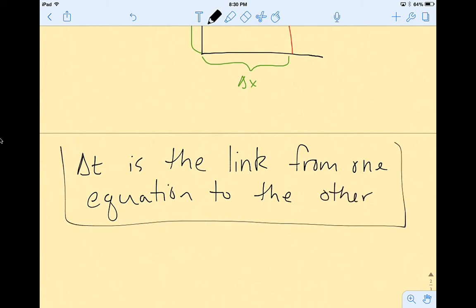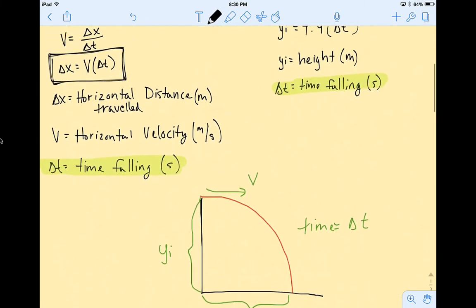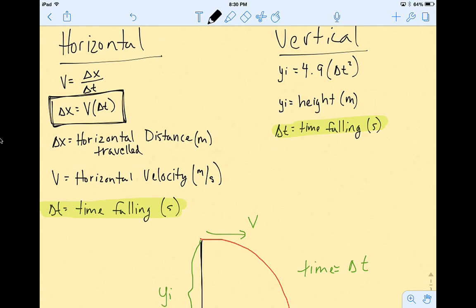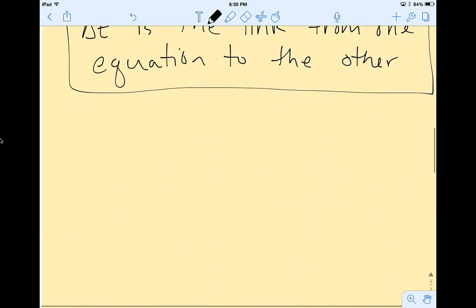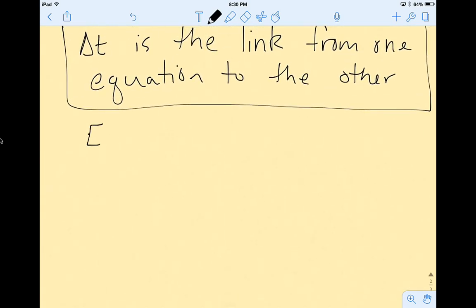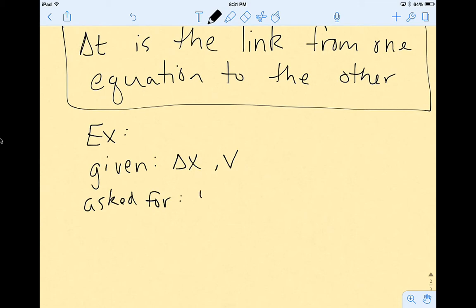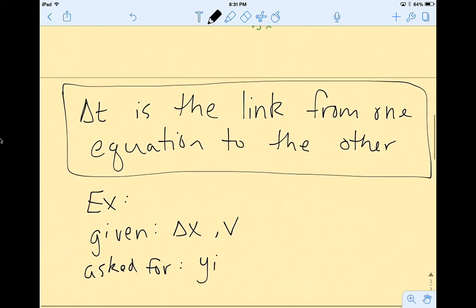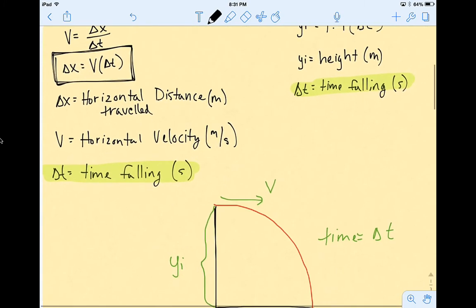I'm not going to do a big long example here, but I want to give you a little bit of a hint. Let's say that they gave me delta x and they gave me v, and they asked for yi. Well, if I look up here and I know that these are my three variables, I know that there's no equation that has delta x, v, and yi.